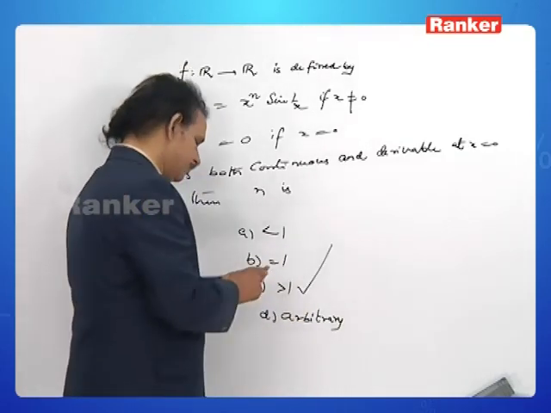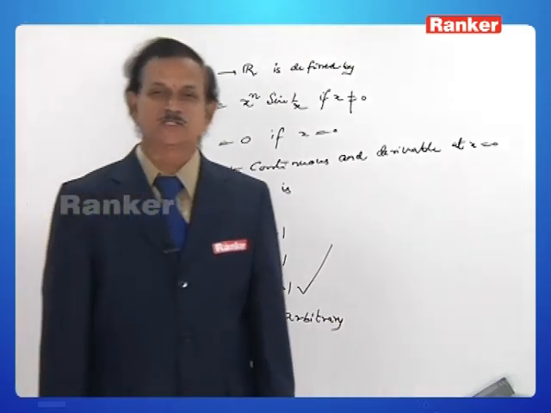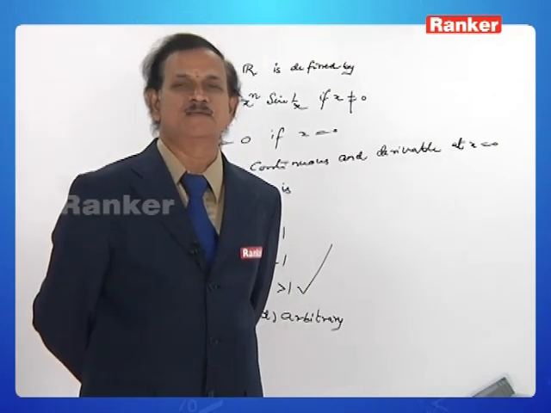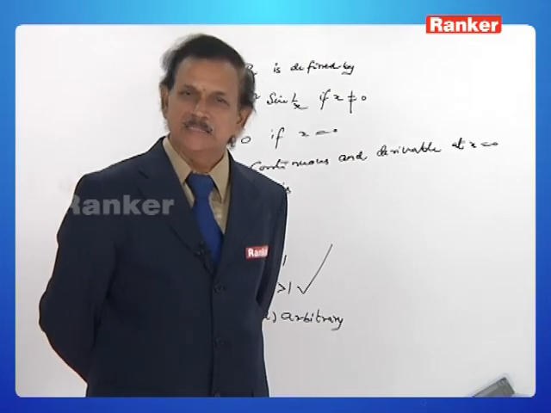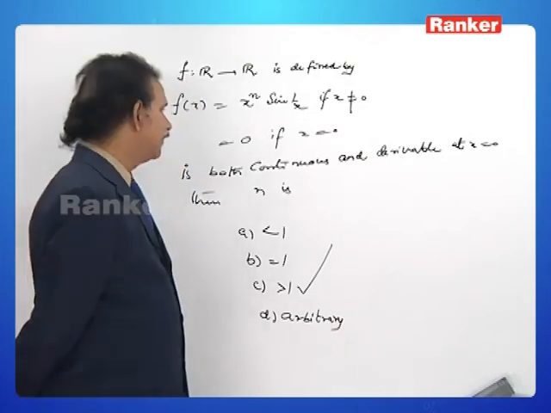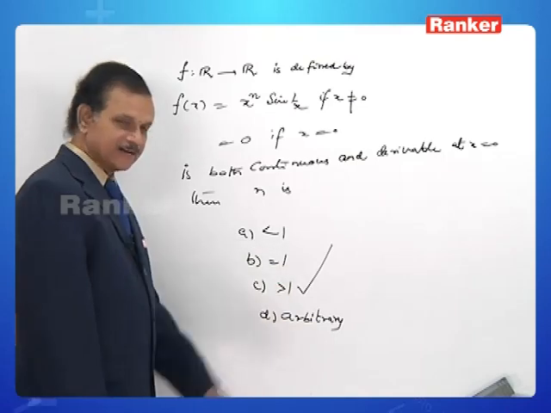This can be observed by means of the previous example. You could have had x square sine 1 by x, or x cube sine 1 by x, or x power 4 sine 1 by x, like that. If you have a function like that, then f is derivable at x equal to 0 also. Therefore, in order to answer such questions, n must be greater than 1.